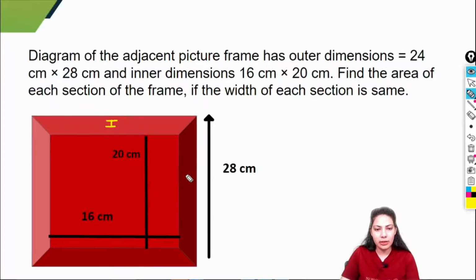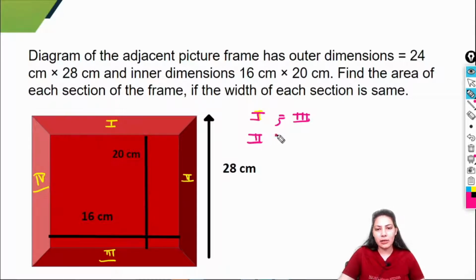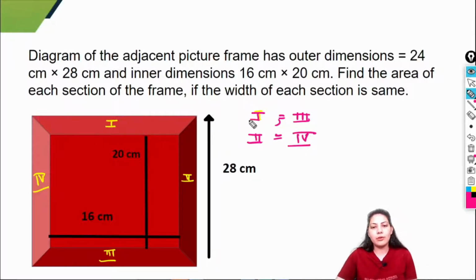It is first part, second part, third part, and let's say fourth part, where the dimensions of first part and third part are equal, and second part is equal to fourth part. So basically we have to calculate the area of any of the first and third part and second and fourth, and then we will double it. We are given the dimensions as well.